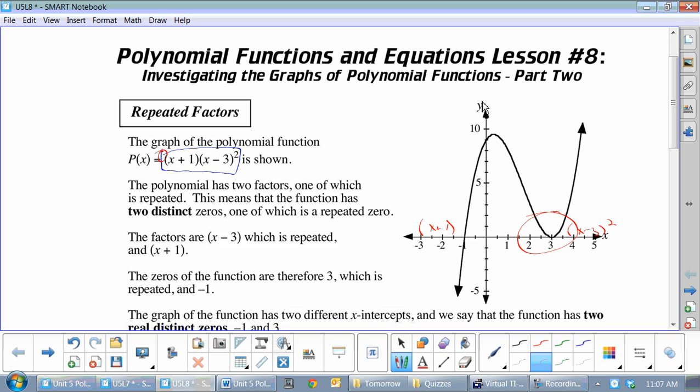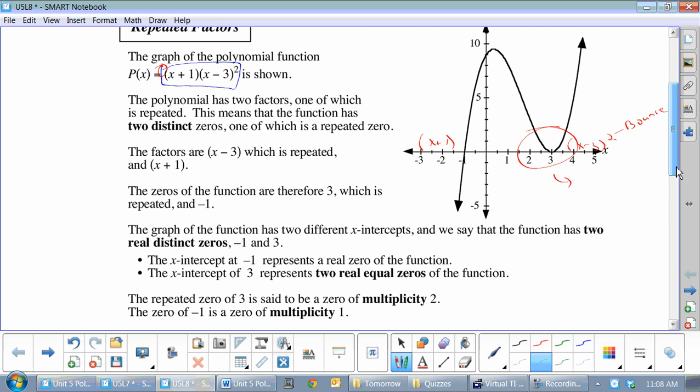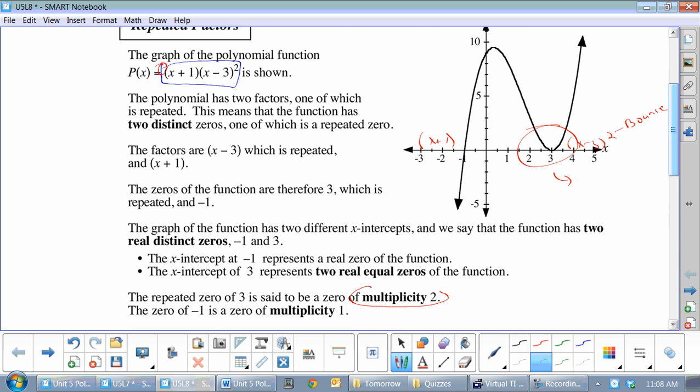So an x squared will always bounce. Now that's called the multiplicity of 2. A multiplicity of 2 will always cause a bounce. That's a very complicated way of saying x squared, but that is a multiplicity of 2.